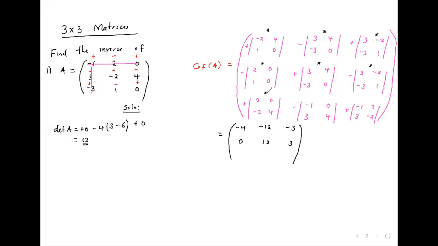Determinant here, 8 minus 0, 8. Determinant here, -4 minus 0, -4 multiplied by negative outside, positive 4. Determinant here, 2 minus 6, you get -4.